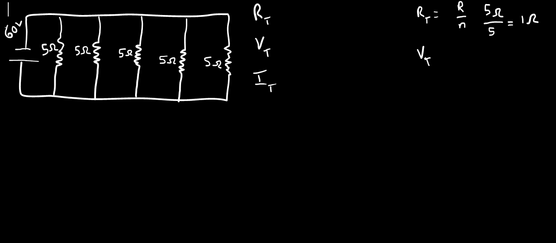Now we could also write the formula for total voltage. In a parallel circuit, the voltage drops remain the same amongst all the resistors. So if we took a voltmeter and used it across this resistor, it's going to be the same here and here and here, and it'll ultimately be 60 volts from this point to this point in each of the resistors.